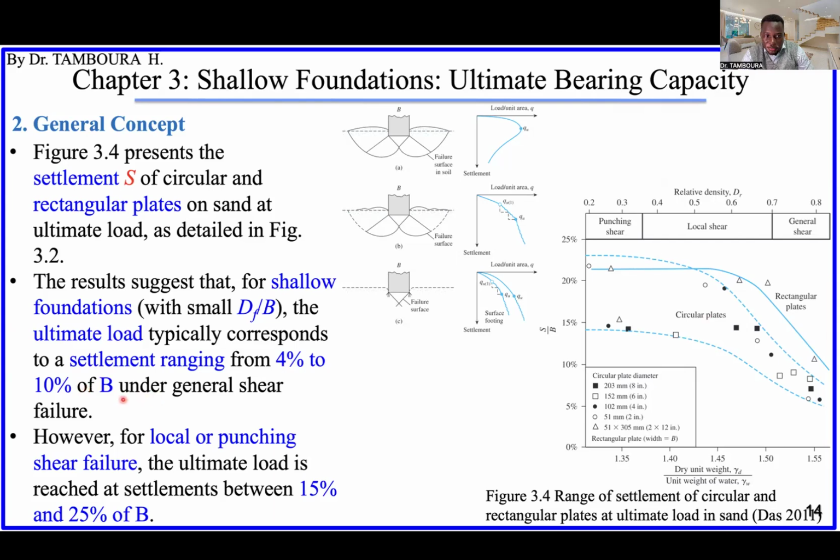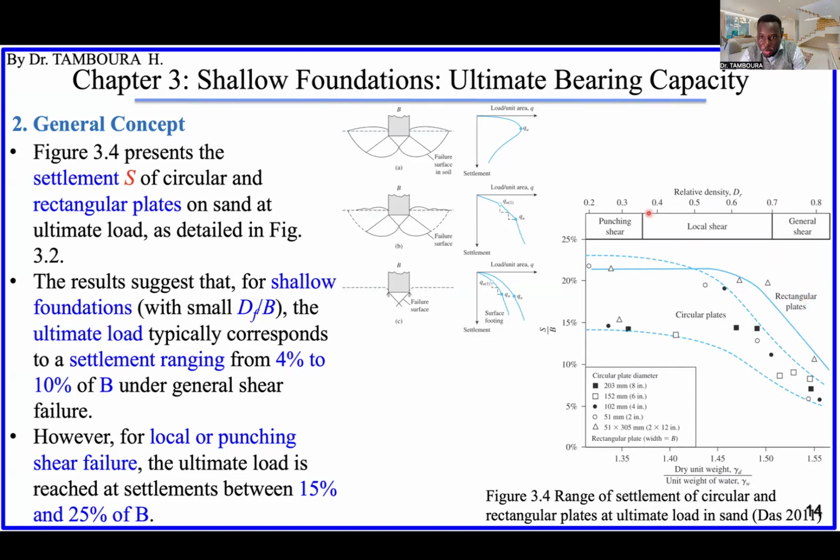Okay, if we are under general shear failure, it is here. Okay, so if you go general shear failure, you can see that it is here. This is 5, right? 4 is just around here. To 10%. This is in case of general shear failure. Okay.